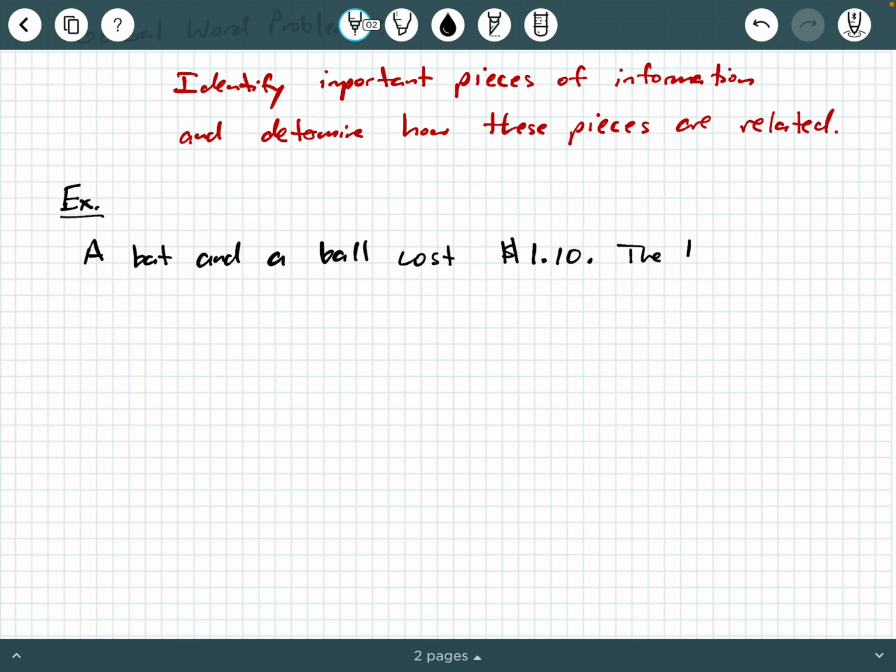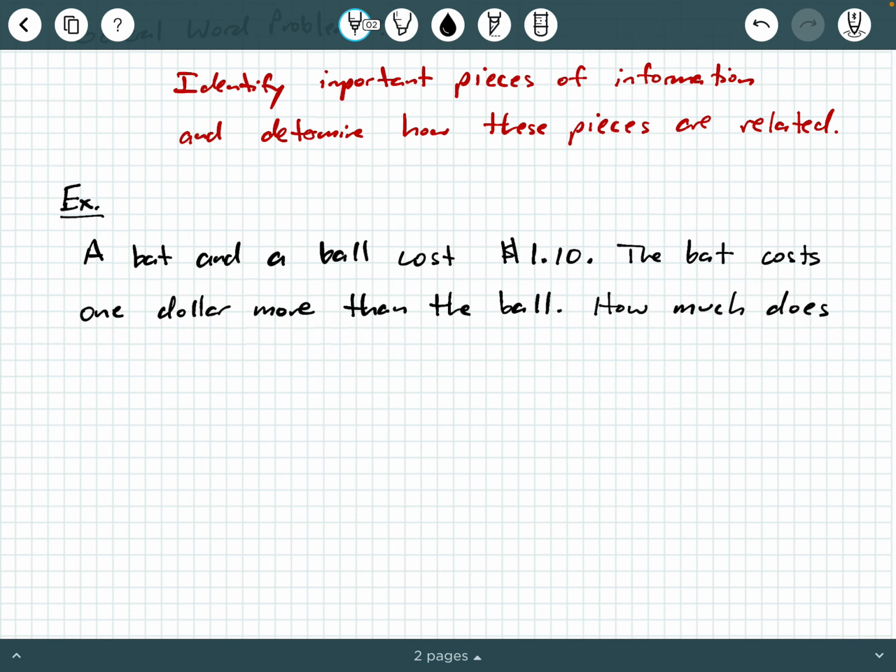The bat costs $1 more than the ball. How much does the bat and ball cost individually?